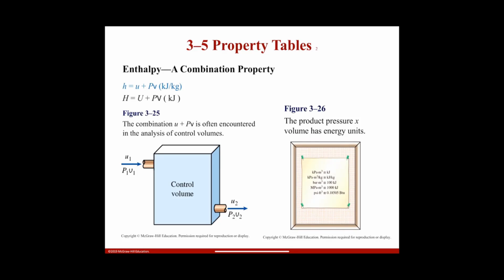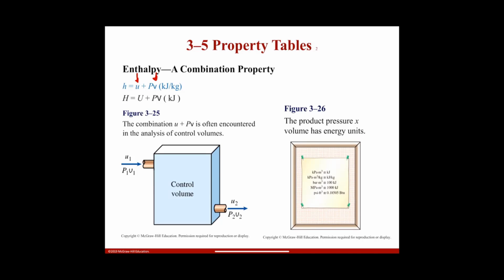And we're going to define a property. Okay, a property like entropy will be found in chapter number 7. But enthalpy is a combination property. Pretty much, it's a combination of the internal energy plus the energy that the fluid will carry. When you have pressure times volume, yeah, that would be a form of energy.